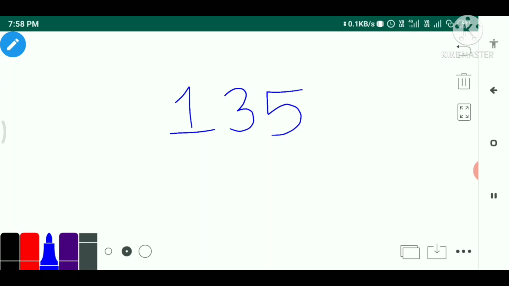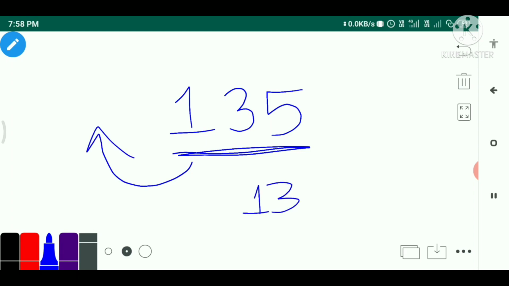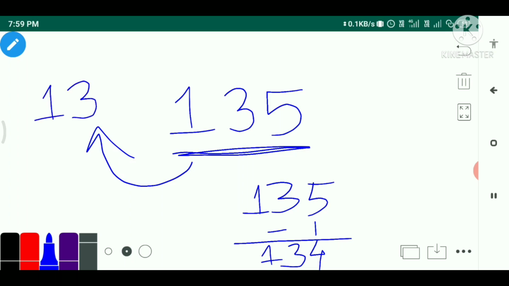This is the number, and first of all you have to find the predecessor, so we'll do minus 1 with 135. We'll get 134. So our predecessor will be 134.